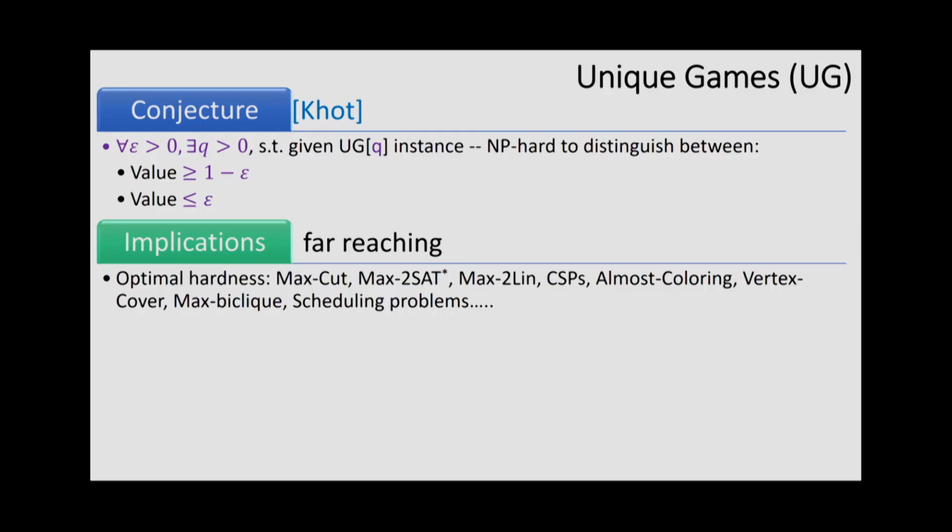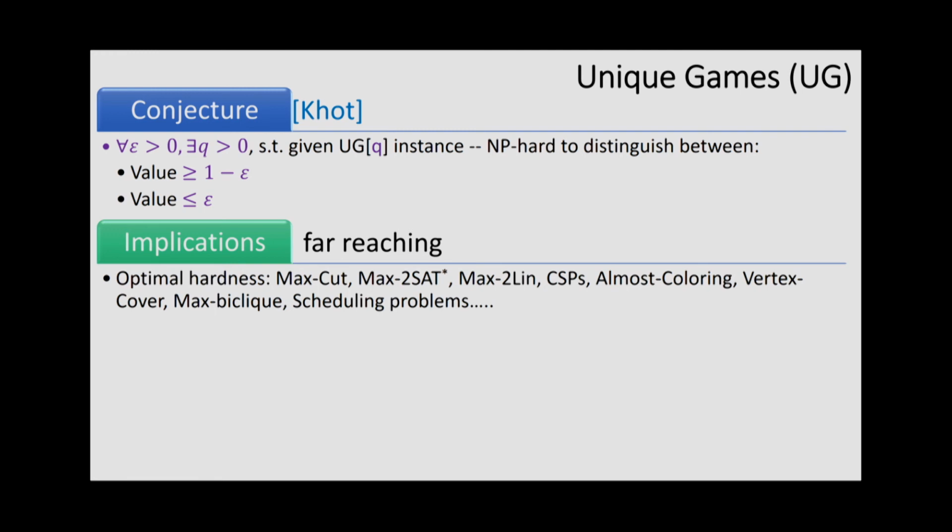So if you're assuming the unique games conjecture, you get optimal hardness results for many, many problems. You get better than what we know for NP-hardness for other problems. And for some classes of problems, such as CSPs, you can even say what is the best algorithm for them. This is a result of Raghavendra. So certainly there is a lot of motivation for studying this conjecture.